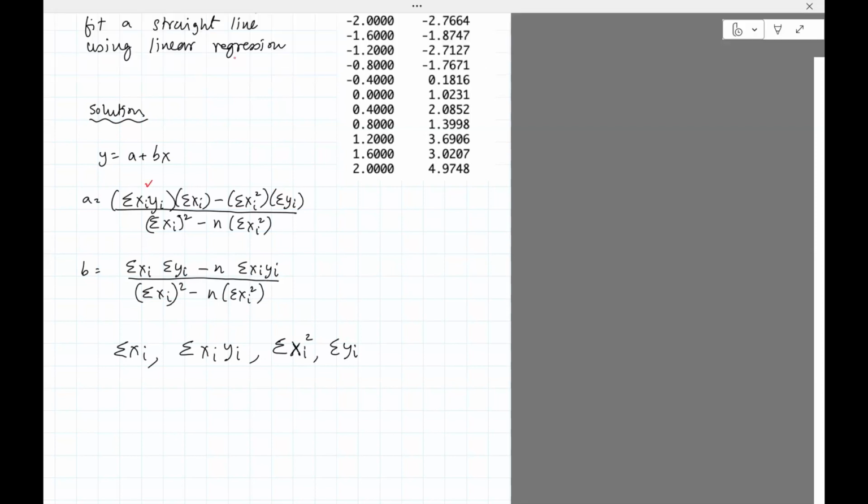So this is covered, this is done. So we need these 4 things. For those 4 things, I'll just generate a table, and then getting those things in the formula is as simple as summing the columns. So let's do the exercise in the class.